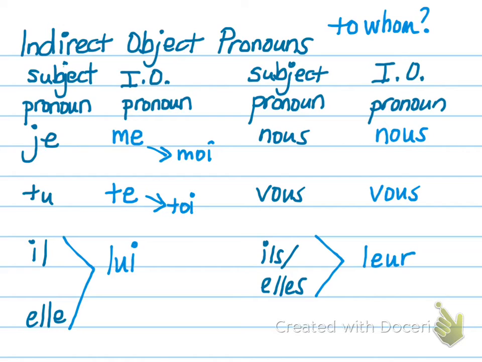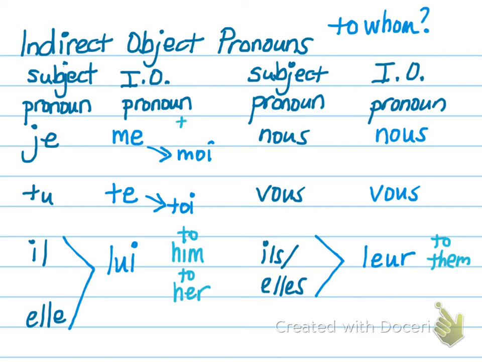So this is summarizing all of the indirect object pronouns you've learned, not just the ones for him and her and them. So again, remember, this means to him, to her, or to them.